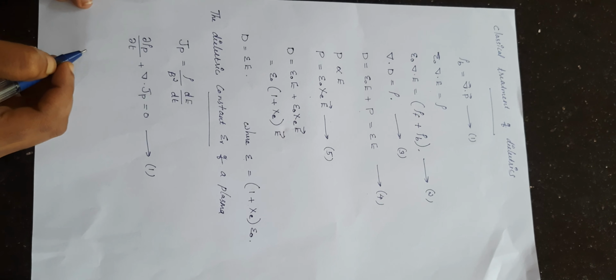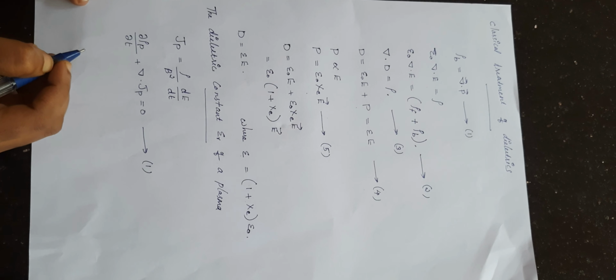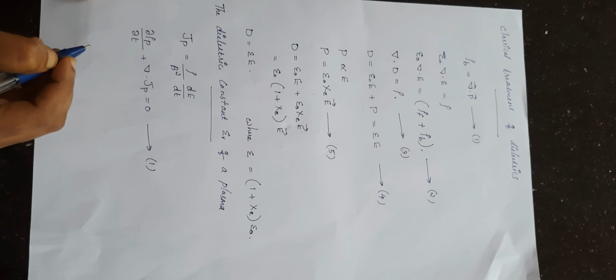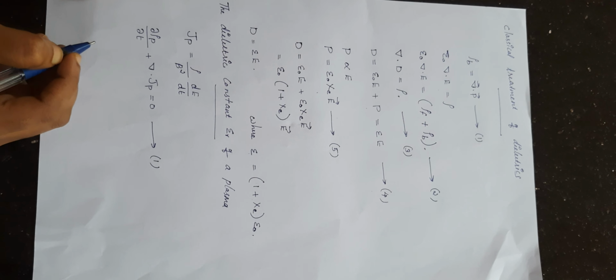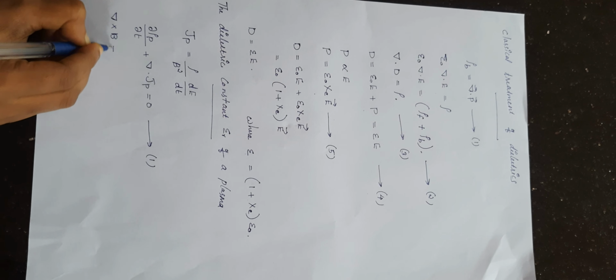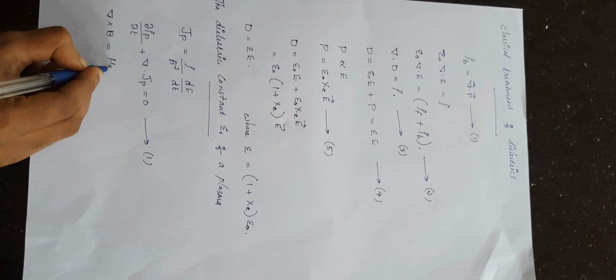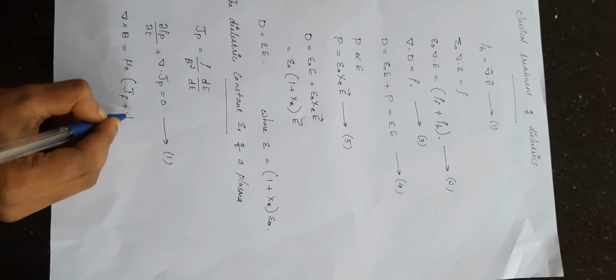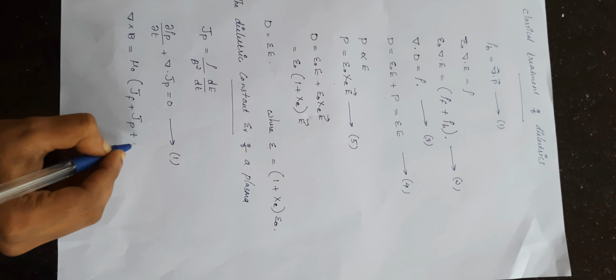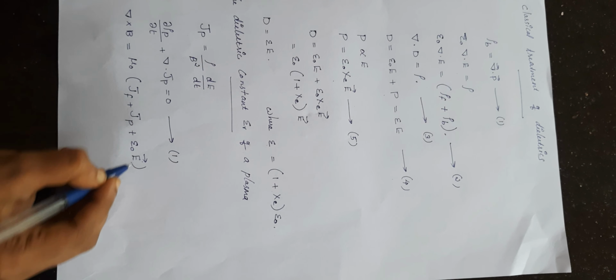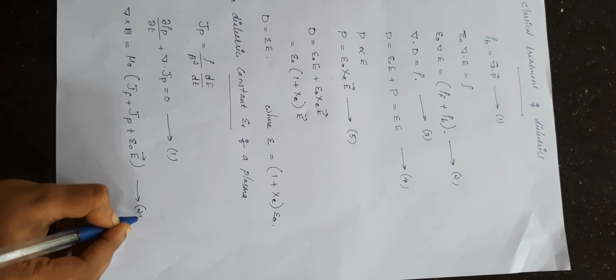Since we have an explicit expression for Jp but not for rho p, then by Maxwell's equation, del cross B equal to mu 0 into Jf plus Jp plus epsilon 0 E dot. This is equation number 2.